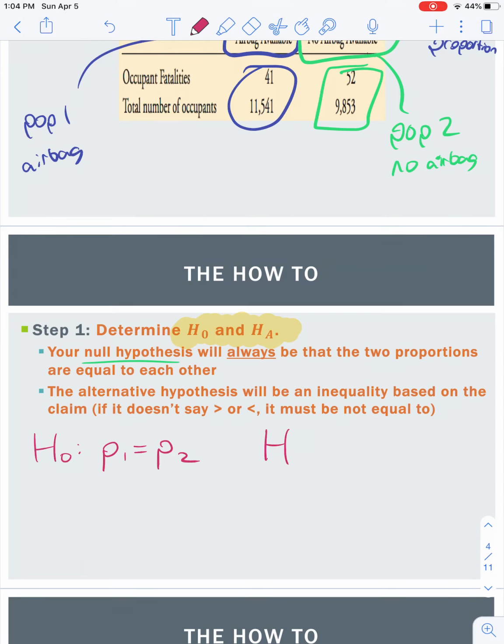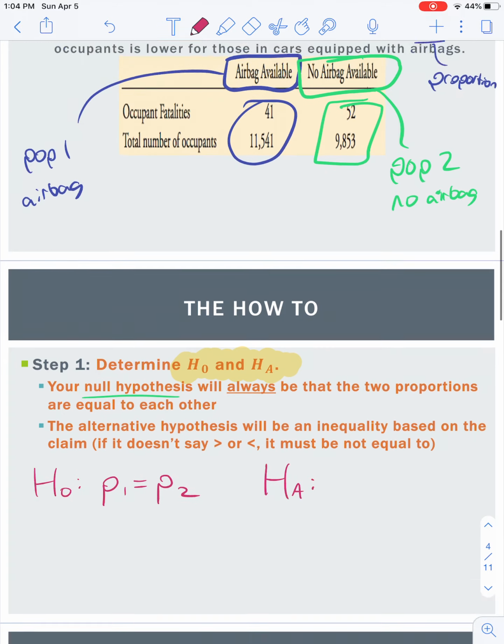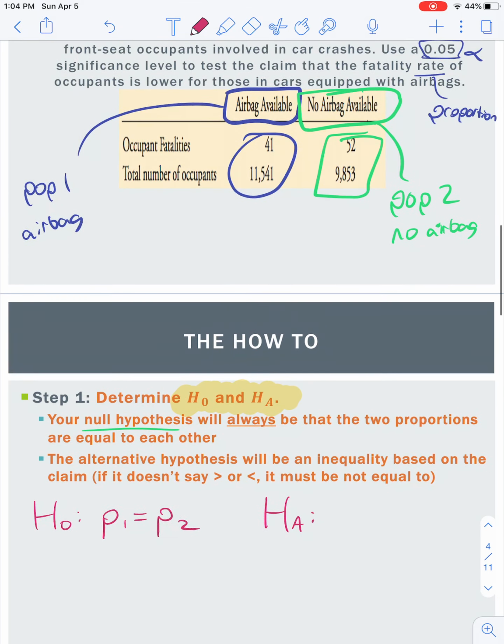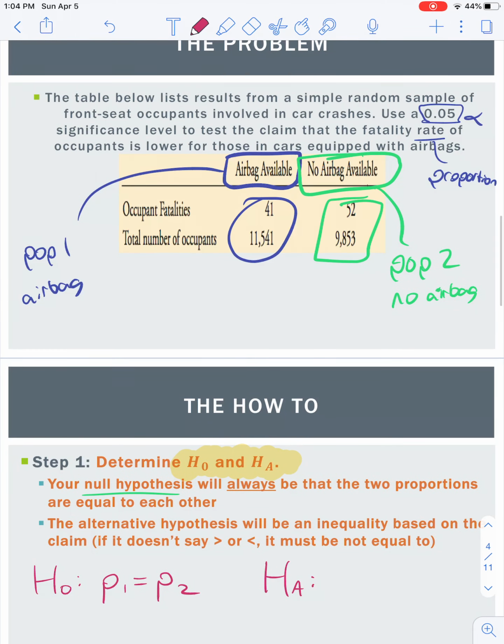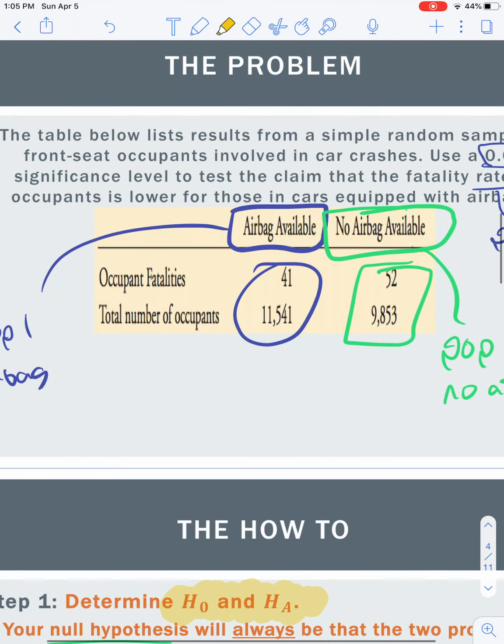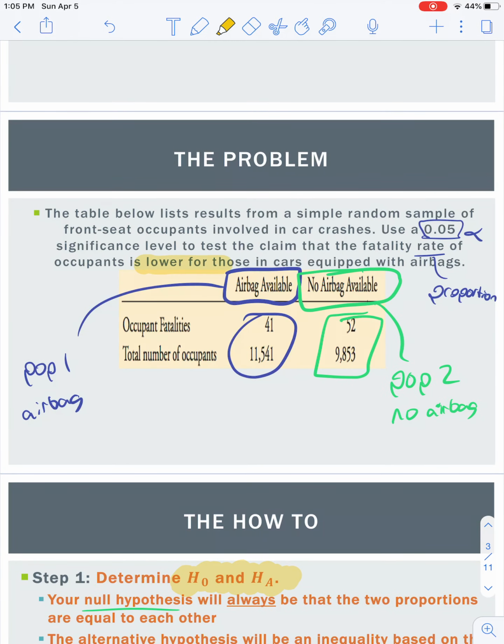Then we're going to have an alternative hypothesis. Well, we've got to be really careful here. This is probably the simplest place to make a mistake out of any of these problems. So what they tell us, in the original problem, is that the fatality rate is lower for those with airbags. So we want the airbag population proportion to be lower than the non-airbag.